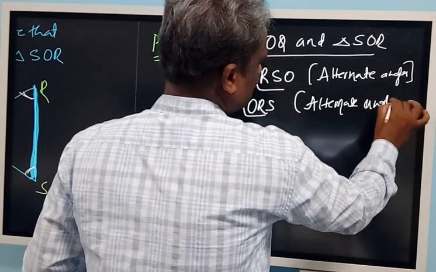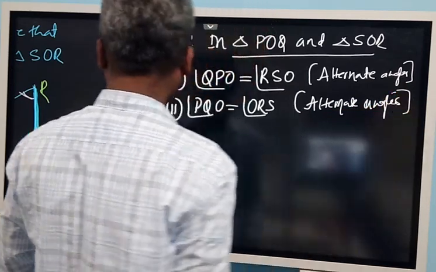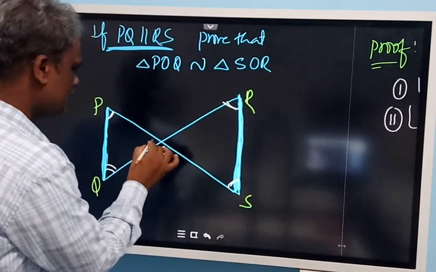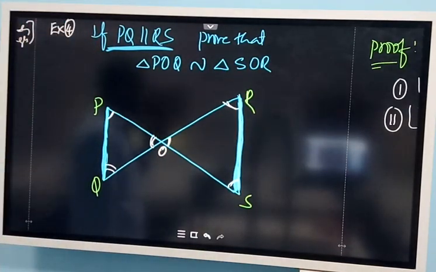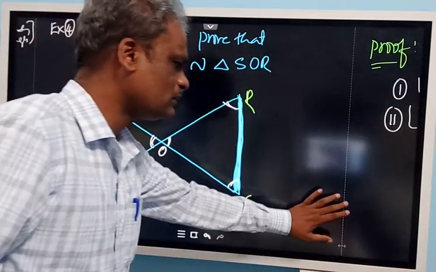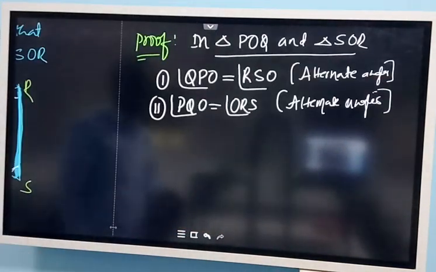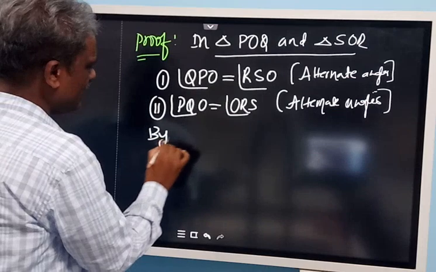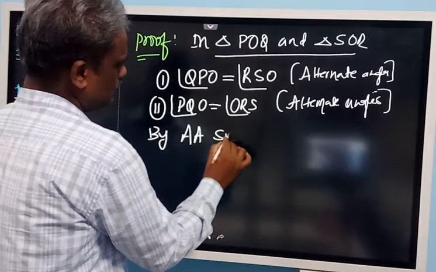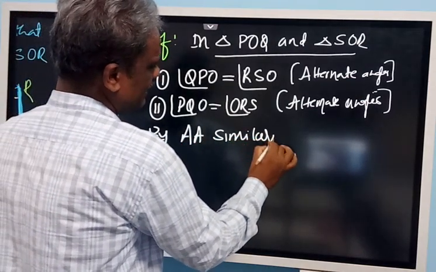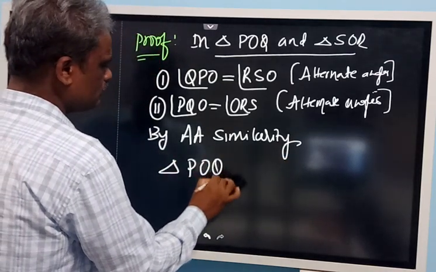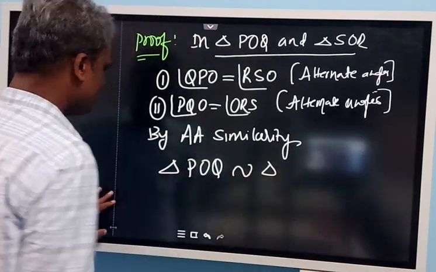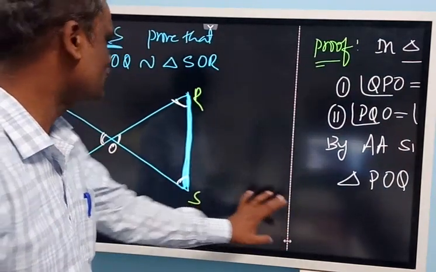Now this is enough. Even the third angle also you can write. These two are vertically opposite angles. By AA similarity also you can use, just AA similarity is enough. So by AA similarity, I can write triangle POQ is similar to... See, we should be very careful while writing this.